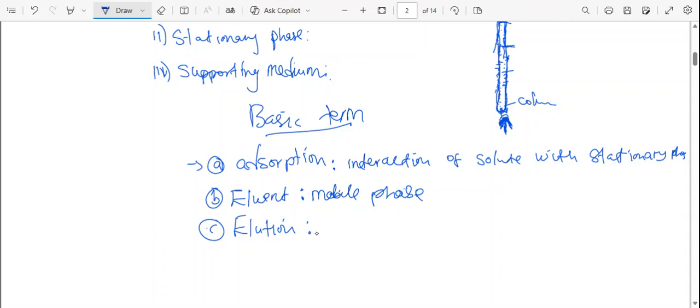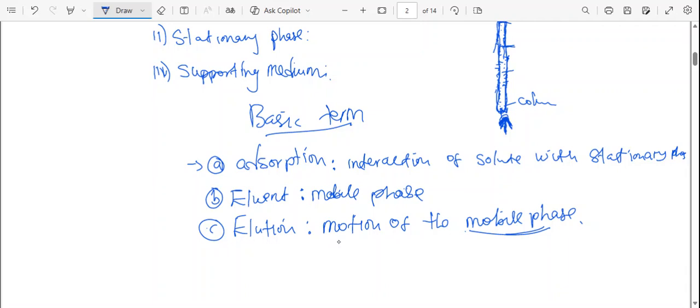Elution is just the motion of the mobile phase, like I said. So this motion possessed by the mobile phase, which is the eluent, is what we call elution.